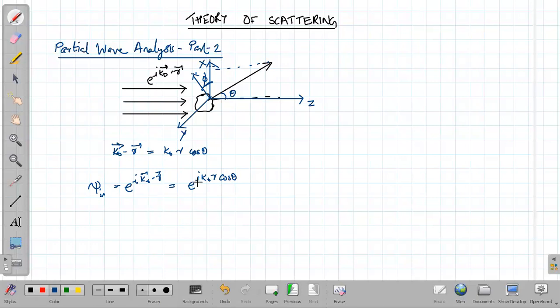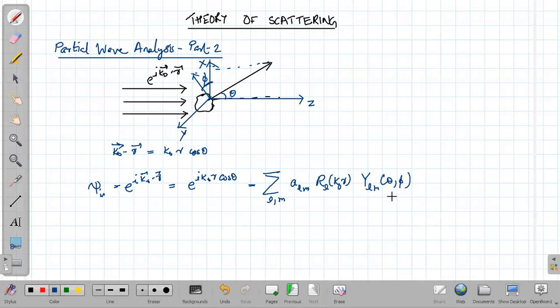Now it is possible to expand this incident wave in terms of the spherical harmonics as a sum over l, m of A_lm R_l(k0 r) Y_lm(theta, phi).